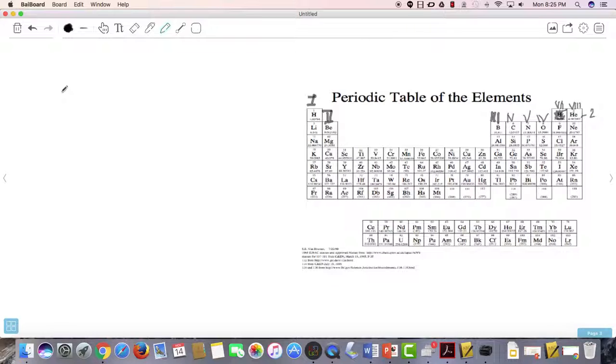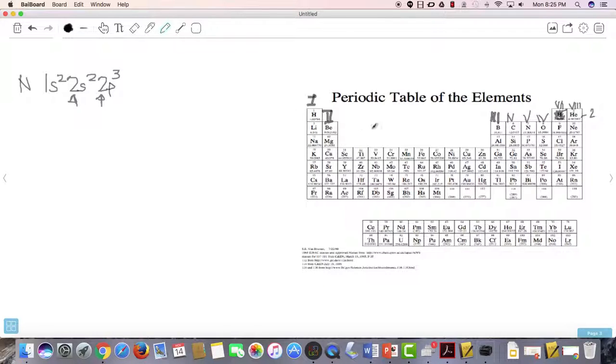All right, so let's write the electron configuration for nitrogen. Nitrogen's electron configuration is 1s2, 2s2, and 2p3. When we look at this, the highest principal quantum number is 2.